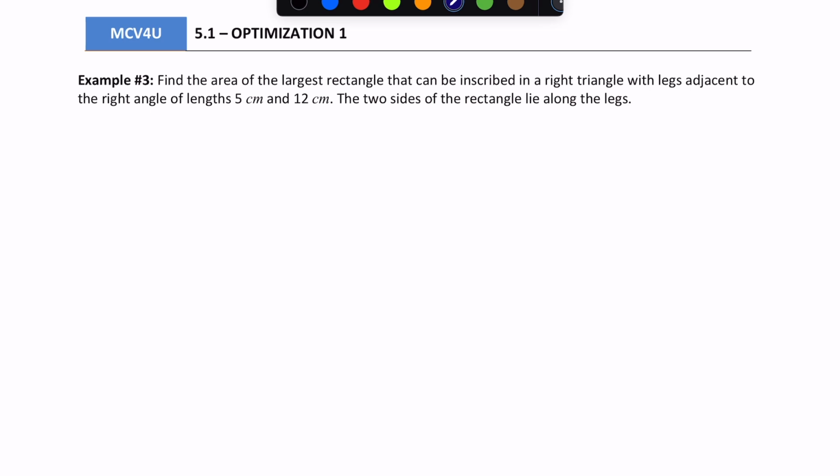Okay, so let's draw our triangle first. So we'll draw a nice large right angle triangle. And you see that this is a right angle triangle, so we have 90 degrees.